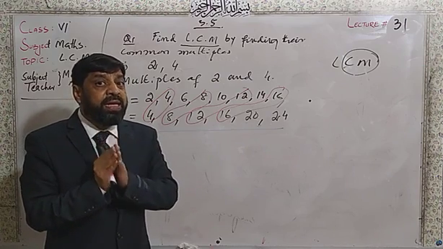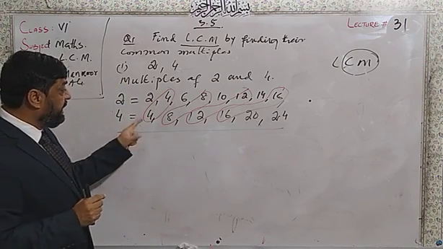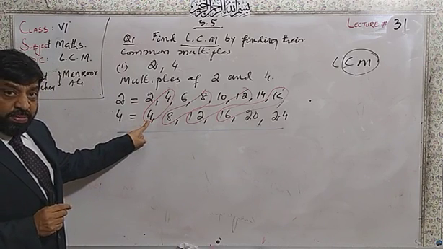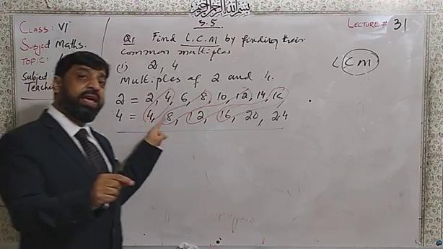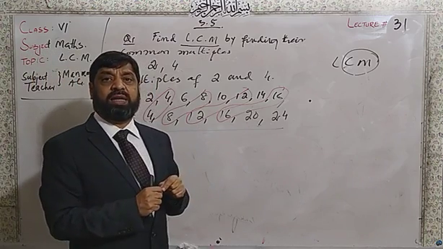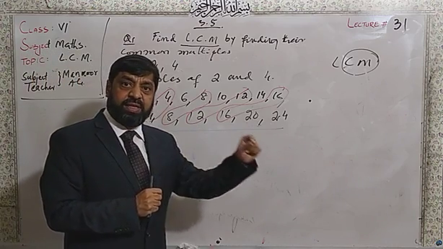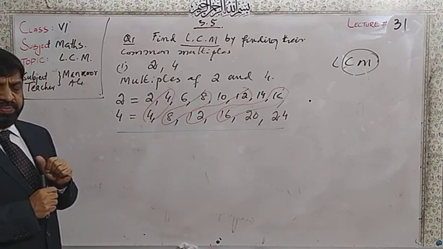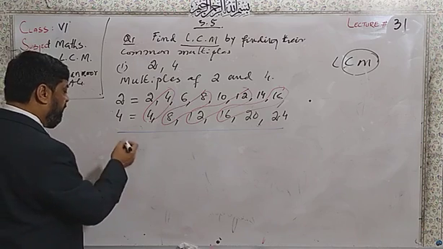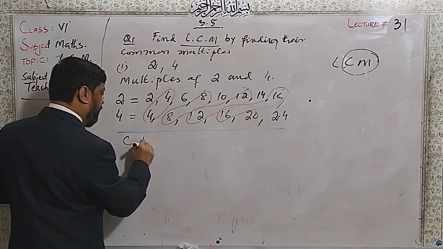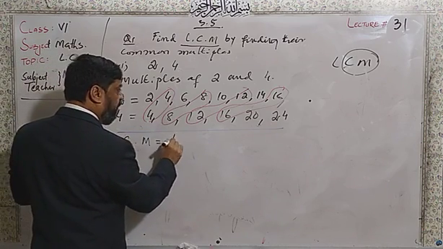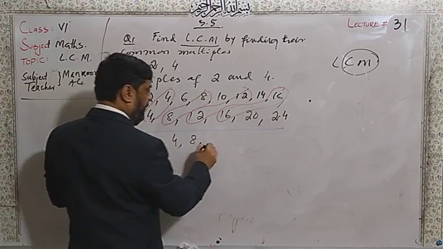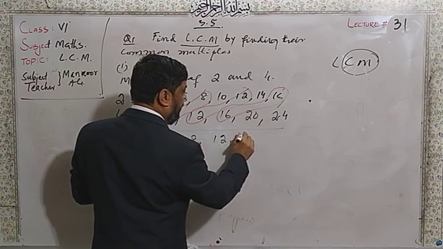But minimum we have to take two common multiples, and from there we have to take the smallest multiple. That will give us the LCM. Now here I will write the common multiples, which are 4, then 8, then 12, then 16.